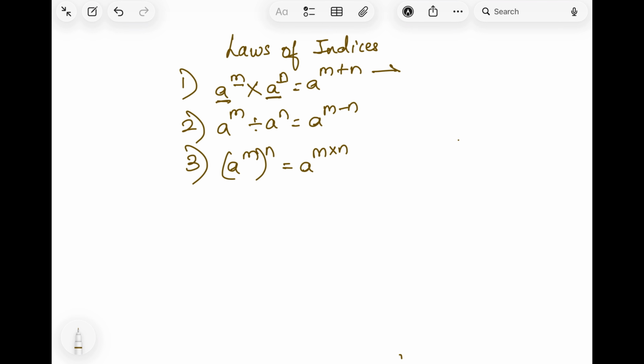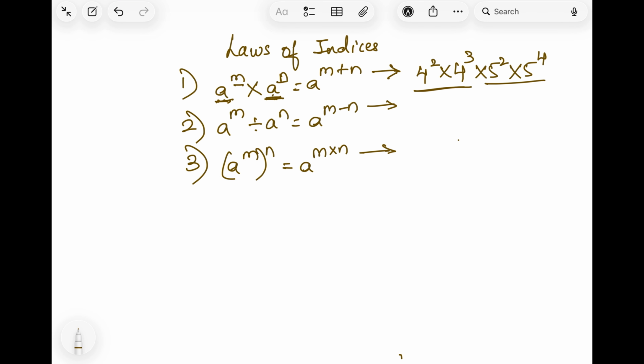Now let's take up one small example to understand this law much better. It's very easy, but we'll just take a small example. If I say 4 raised to 2 into 4 raised to 3 into 5 raised to 2 into 5 raised to 4, right? Now there are 4 numbers here, but as we know, we apply the law only and only if the base is the same.